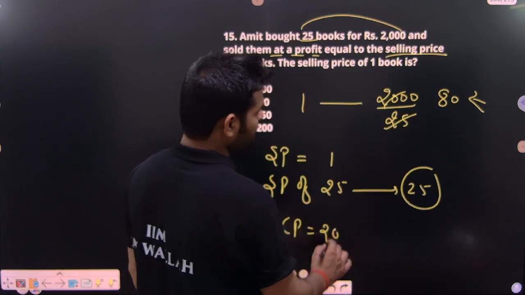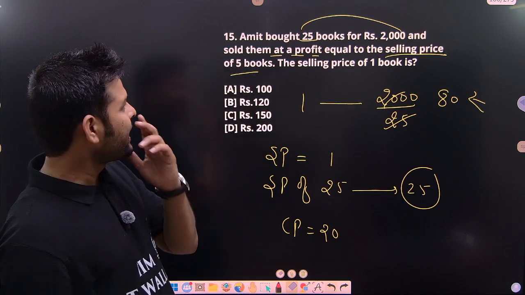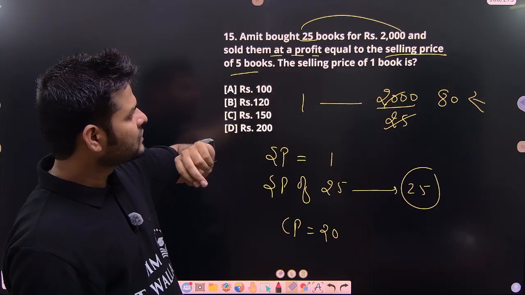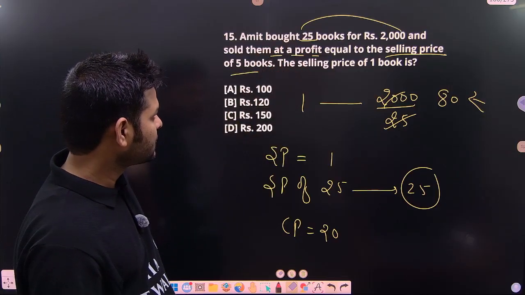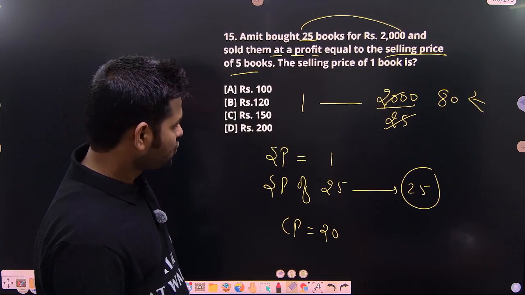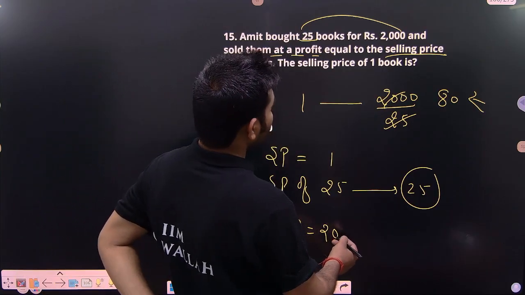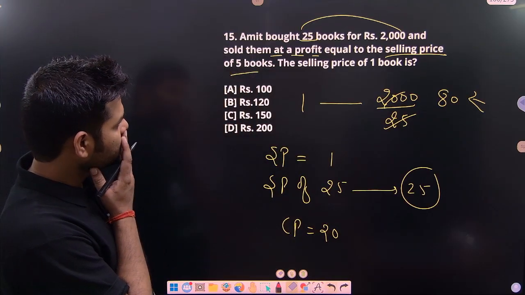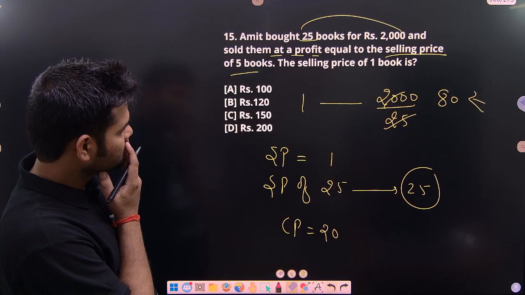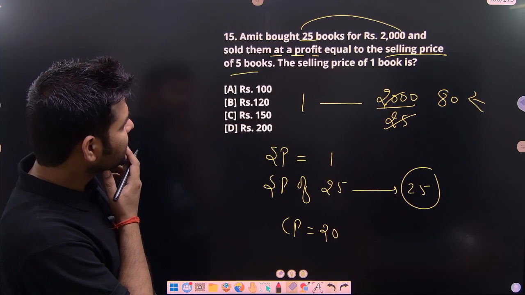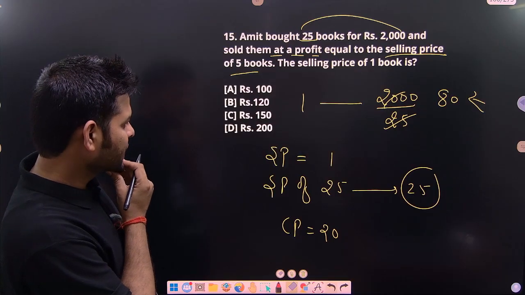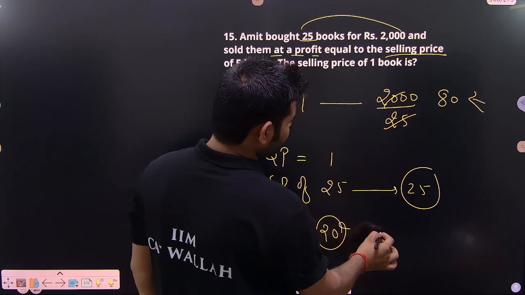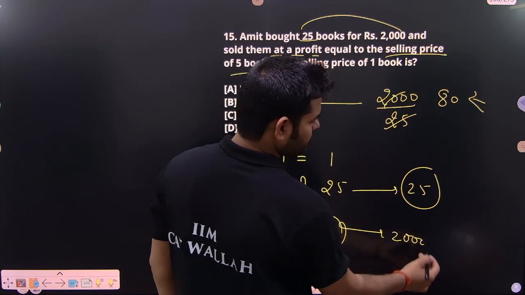This is your CP. And Amit bought 25 books for rupees 2,000. So basically 20 units will represent 2,000, right?